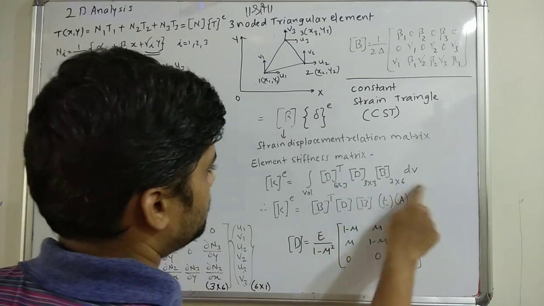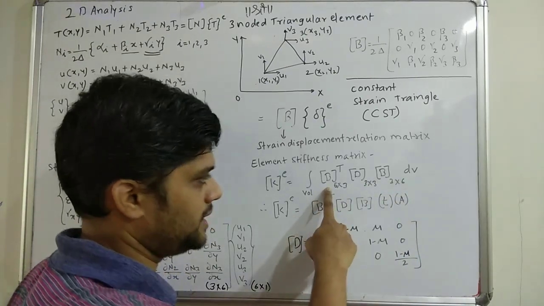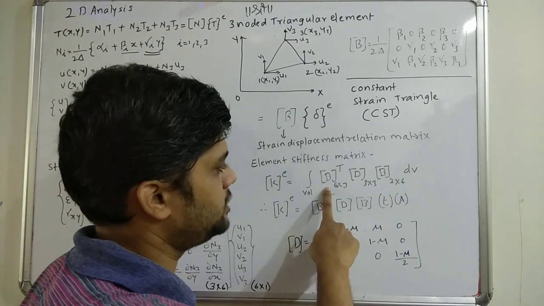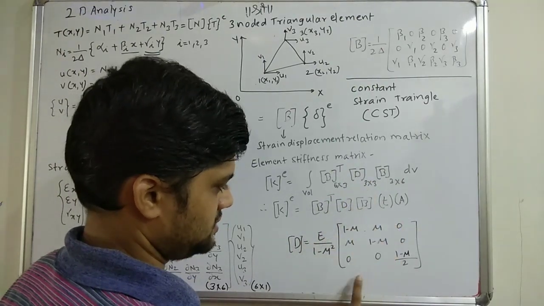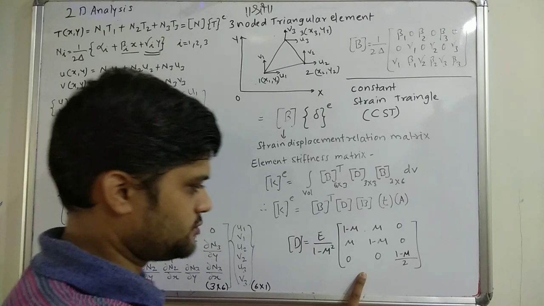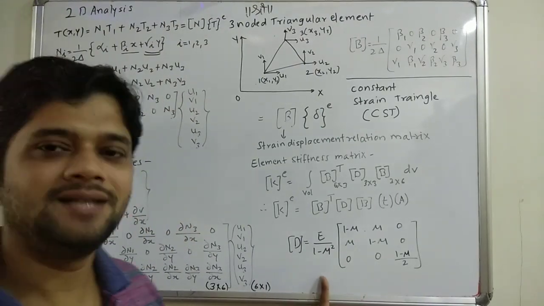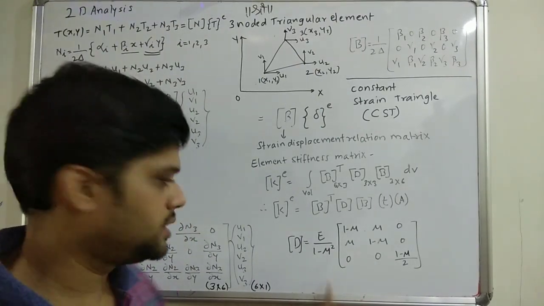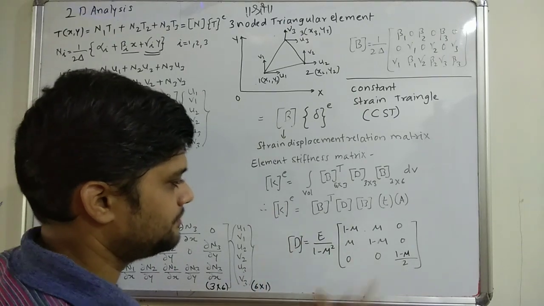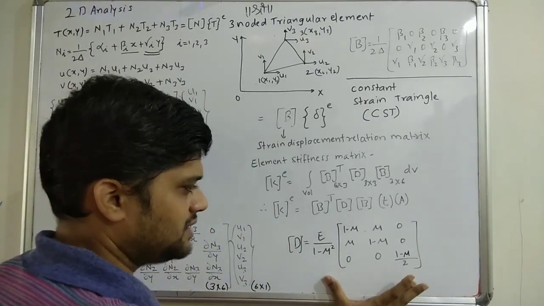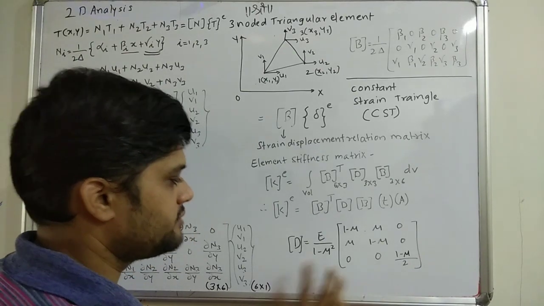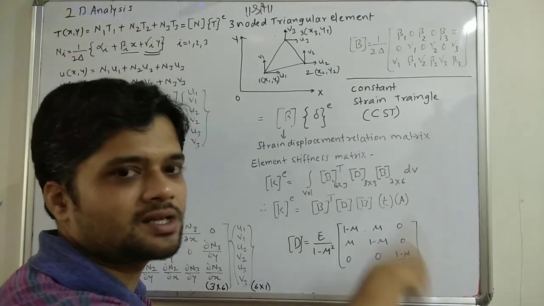Now remember what the orders are. The transpose of my strain displacement matrix is of order 6 by 3. The stress strain matrix is 3 by 3. This is the stress strain matrix from the plane stress condition: on the left hand side I have stress, and on the right hand side I have strain multiplied by it. The matrix which gives a correlation between stress and strain is called the stress strain matrix.